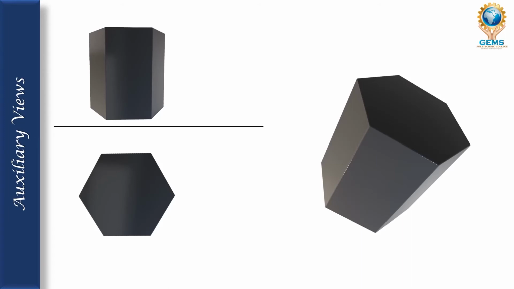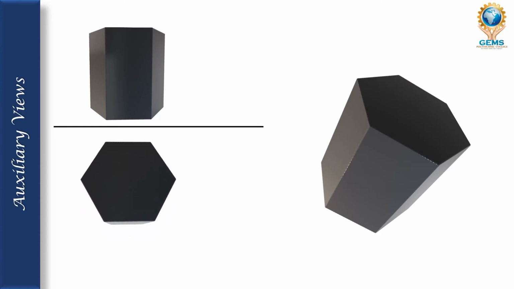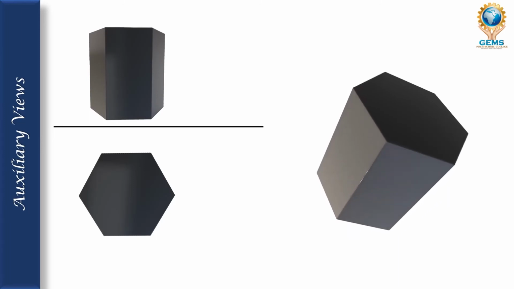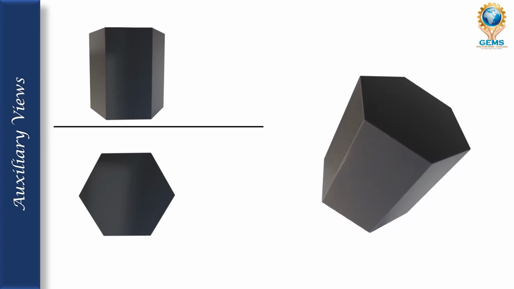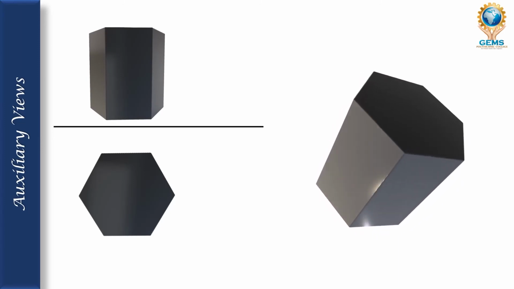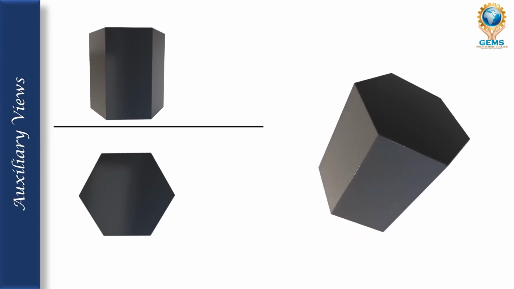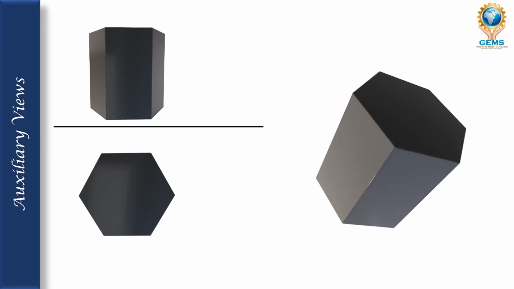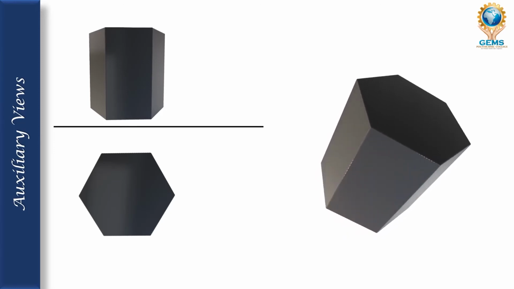So this will be the top view of the hexagonal prism, and this will be the front view of the hexagonal prism, and if the hexagonal prism is inclined from the top view 60 degree, it will look like this, how the rotating hexagonal prism looks.